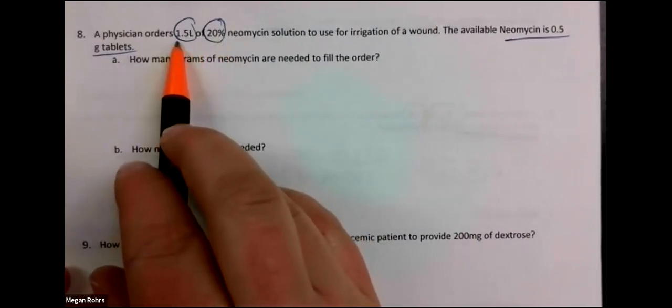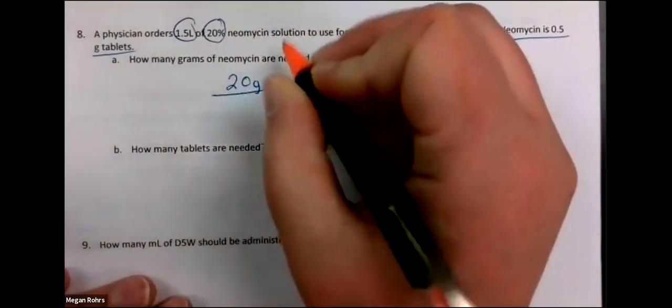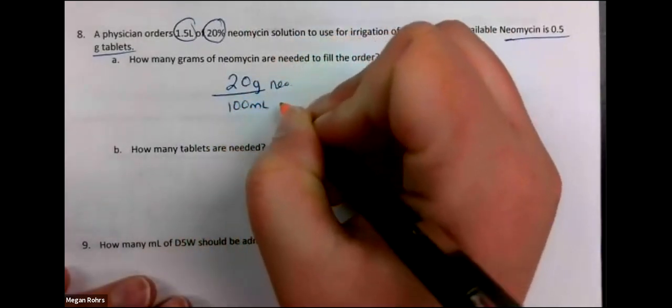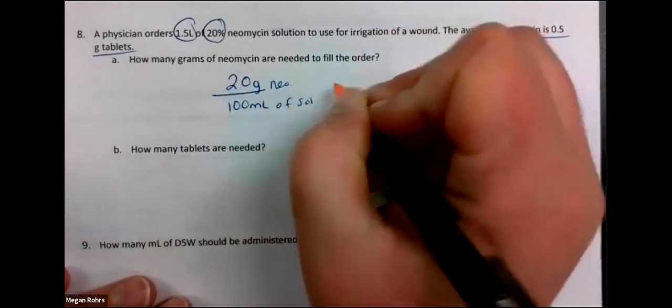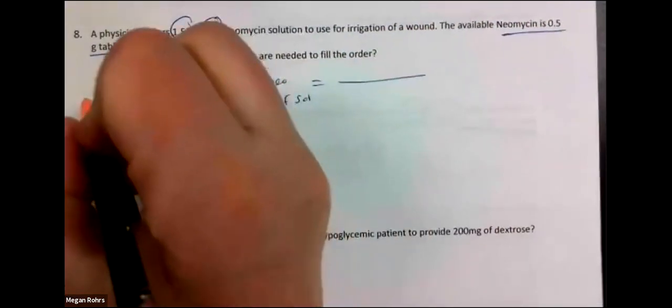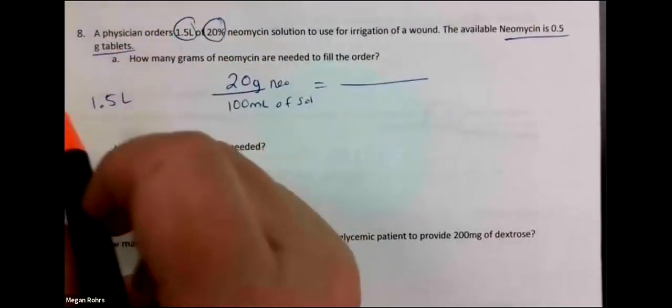We have our total volume here. So remember, 20% means 20 grams of neomycin in every 100 milliliters of solution. Set that equal to our total volume, which is 1.5 liters. We're going to have to convert that into milliliters.